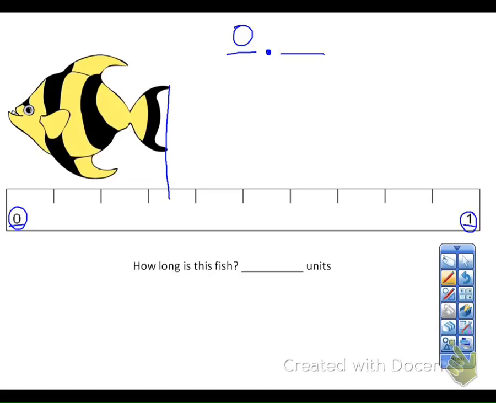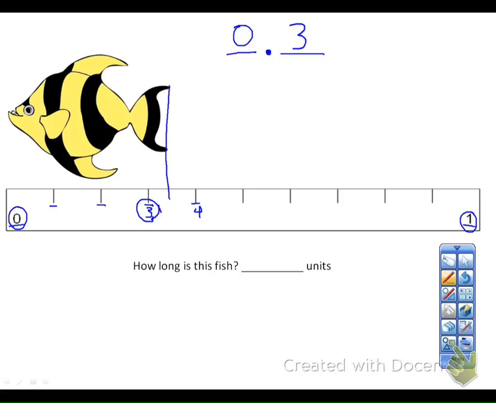Let's count. 1, 2, 3. So this is the third, and this is the fourth, tenth tick mark. We are definitely sure that this fish is at least 3 tenths, but not yet 4. So we can only put what we're sure of. Definitely 0.3.